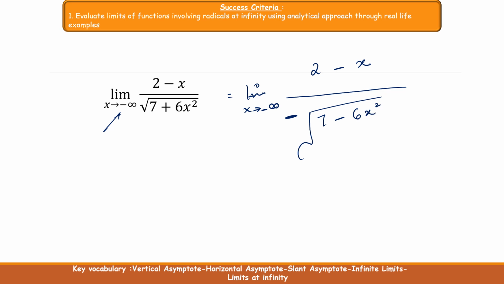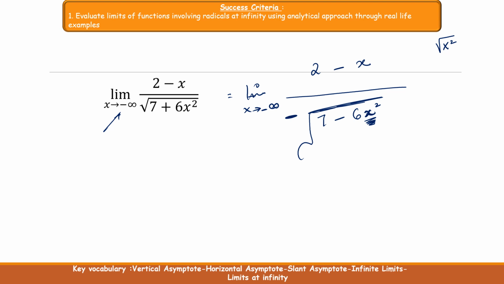Now, another thing you have to understand: if I have the square root sign, I write the square root of the variable with the square root, and without the square root, whatever the variable with the power is, I take it as it is. What does it mean? Look at the denominator. The highest power is x square, but you can see there is a square root also, so we will write the square root of x square.